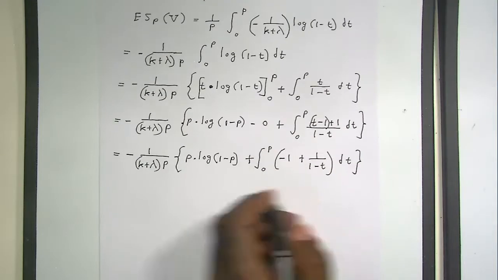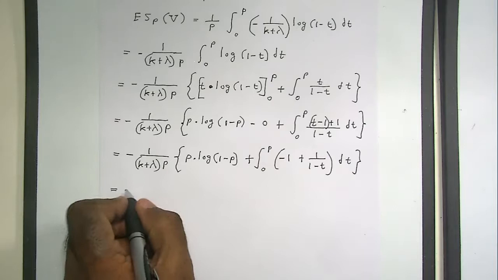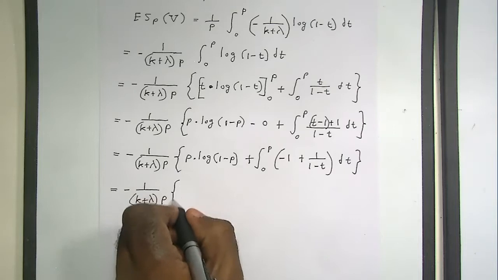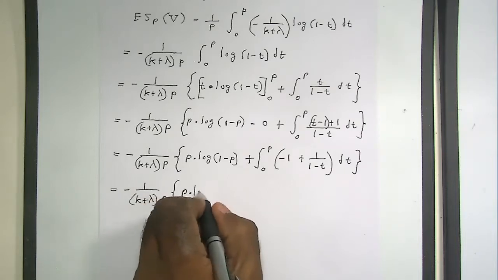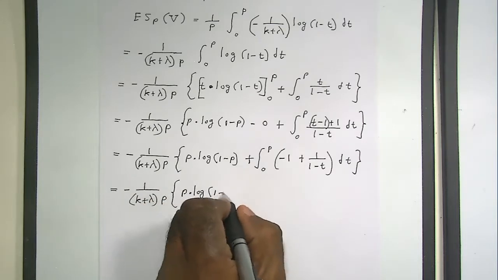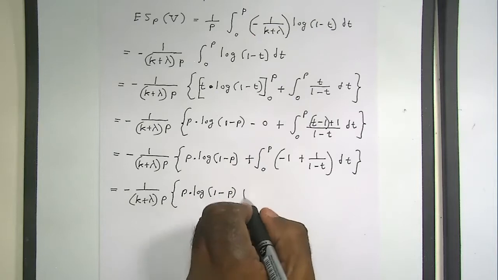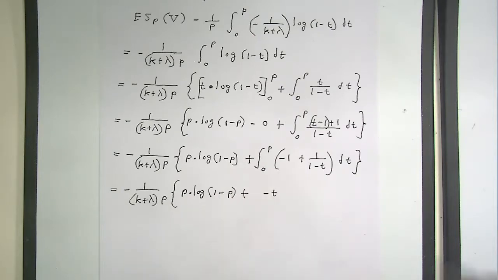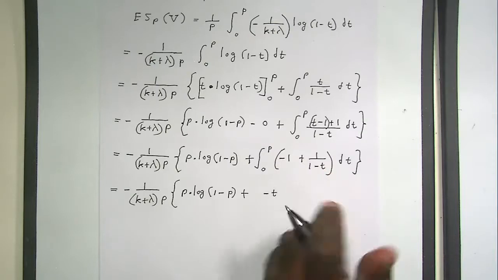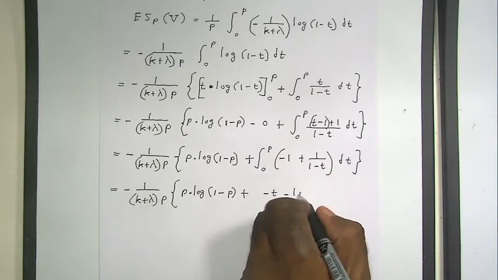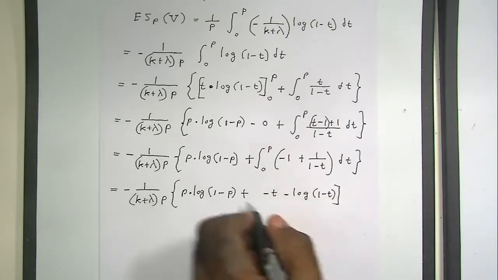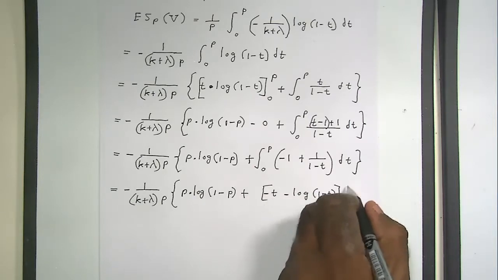Okay, and so if you do the integrals of both terms, you get the integral of minus 1 is minus t. The integral of 1 divided by 1 minus t is minus log of 1 minus t, then you take the limits from 0 to p.